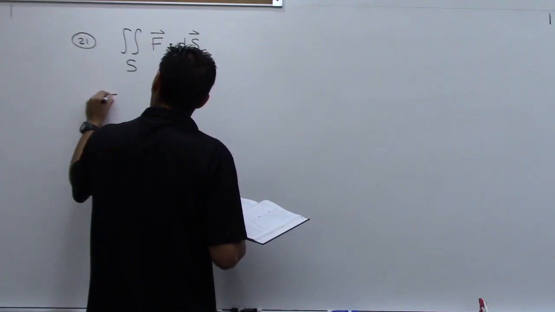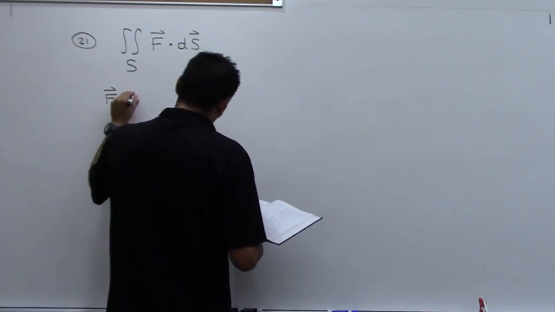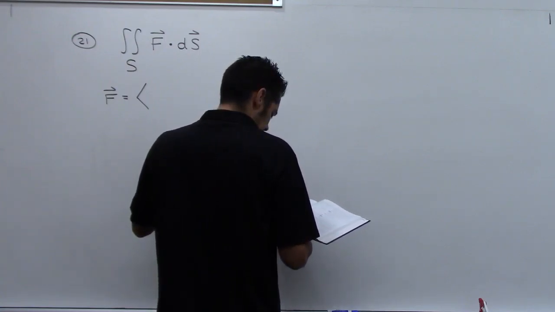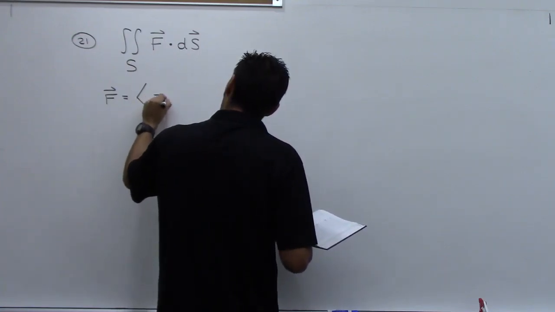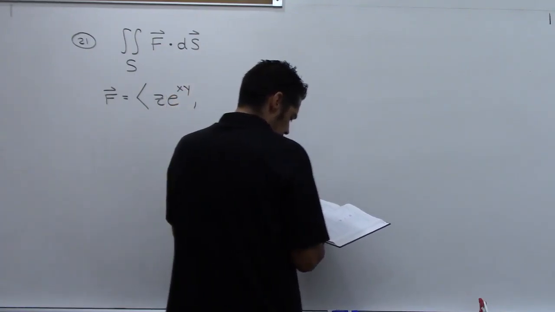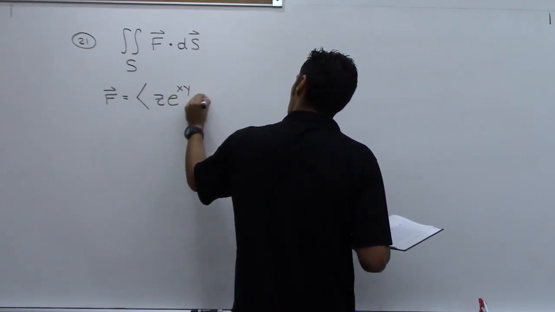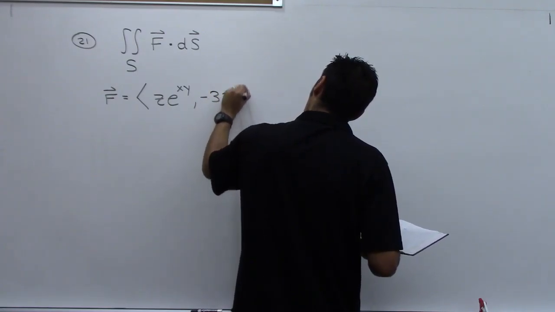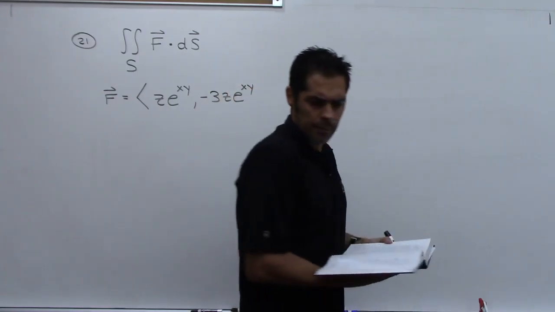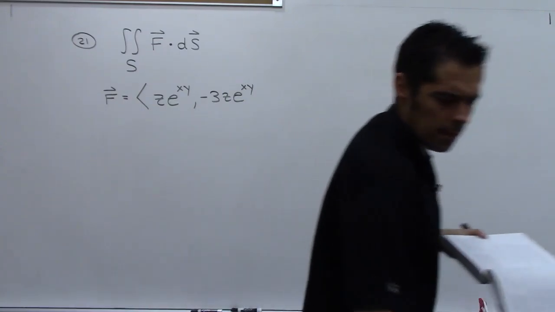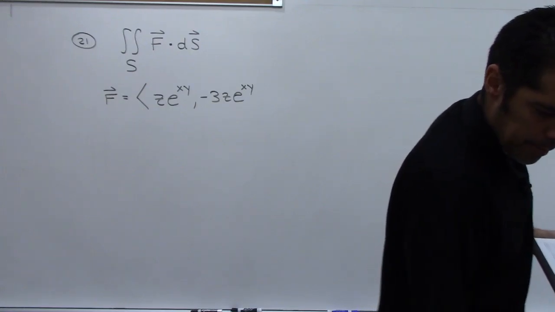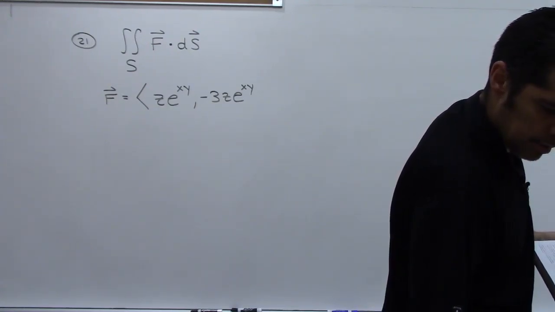They give you the field, let's see, converting this over: we've got z e to the xy, negative 3z e to the xy, and then xy. I'll just make sure I didn't do this one.